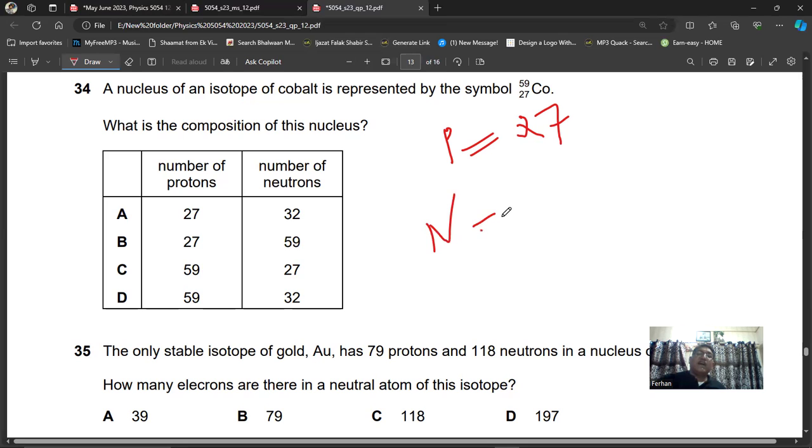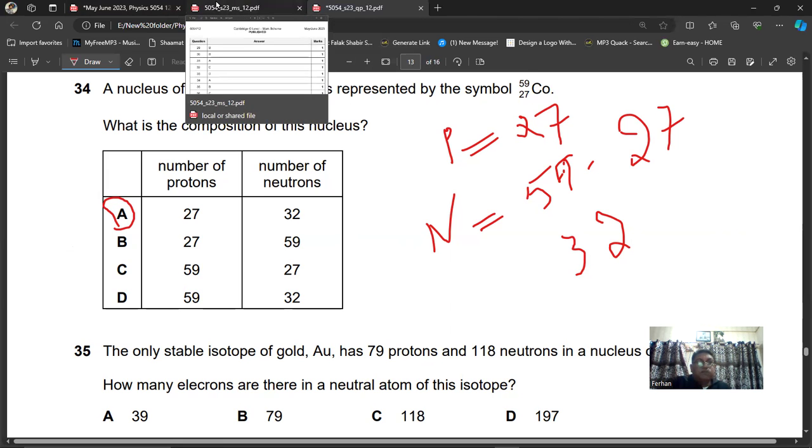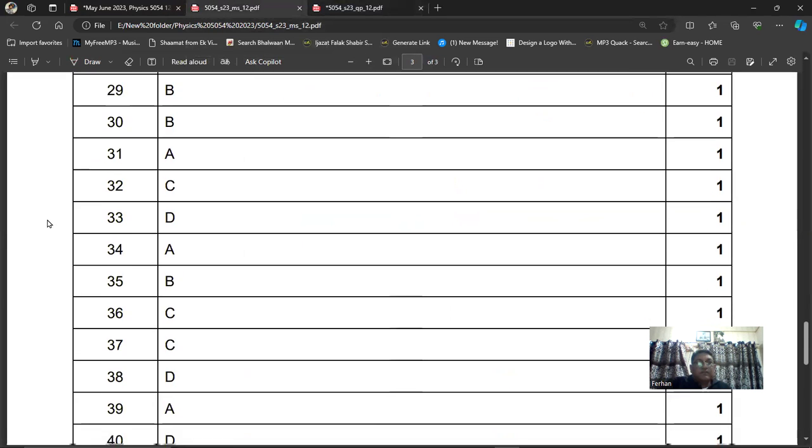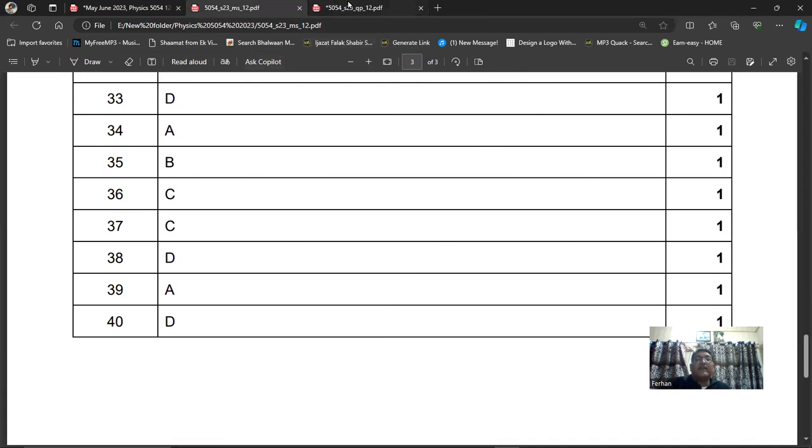The neutrons are 59 minus 27, which is 32. So there are 32 neutrons in the nucleus and 27 protons in the nucleus. So A looks the best option to me. Question number 34, A is the right option, sir.